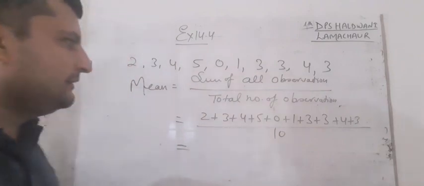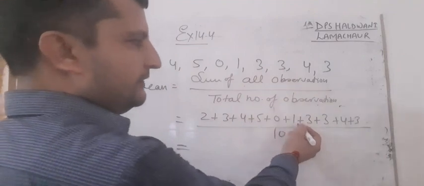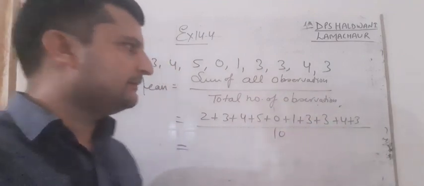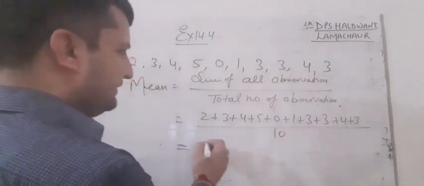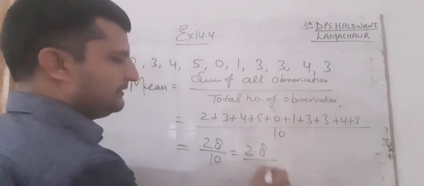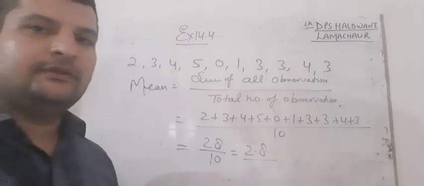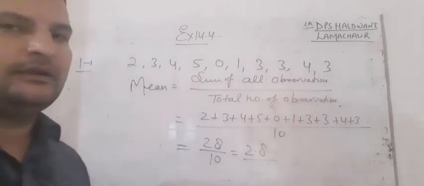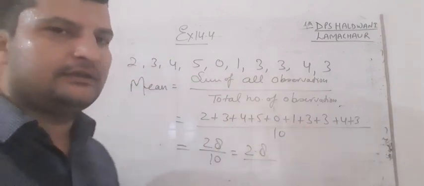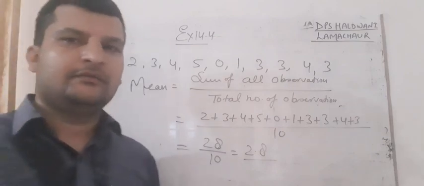So we calculate: 2 plus 3 is 5, 5 plus 4 is 9, 9 plus 5 is 14, 14 and 1 is 15, 15 and 3 is 18, 18 and 3 is 21, 21 and 4 is 25, and 25 and 3 is 28. So 28 by 10 is equal to 2.8. So this is the mean. Now the second part is we have to find the median.